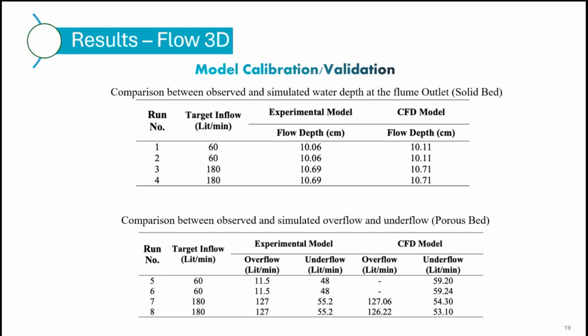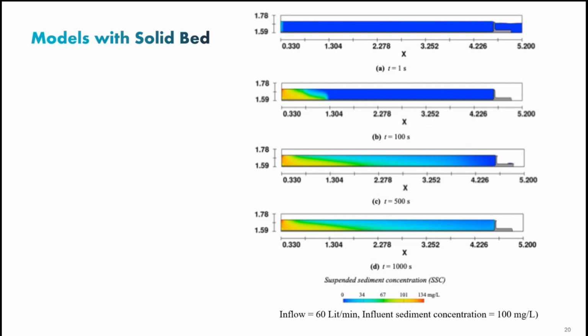And for the bed with the porous material, we looked at the infiltration rate through the soil and also the overflow to find a match. Once we were comfortable, we decided to run the experiments. Next, please. I'm going a little faster. Time is coming up, right? Okay, so we ran the flow, and this is showing why we picked the 1,000 seconds for running.